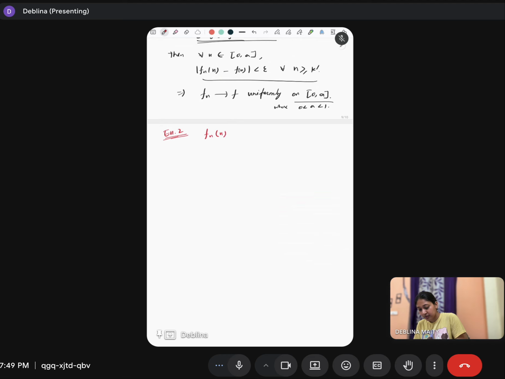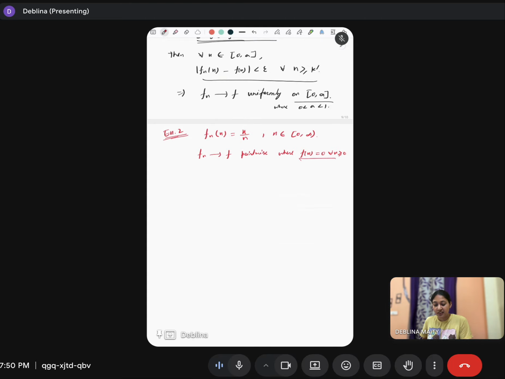So the problem we have taken is fn(x) equals x by n, when x is greater than 0, on [0, infinity), right? And we have seen that this function converges pointwise to f, where f(x) is 0 for all x greater or equal to 0, right?